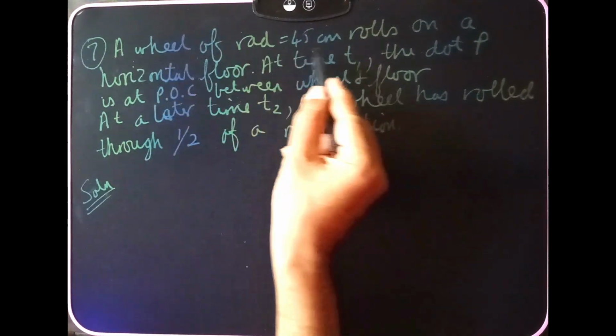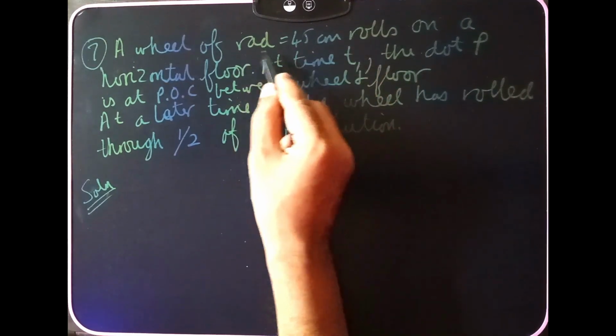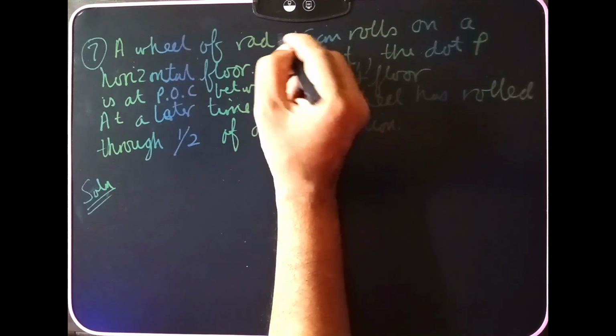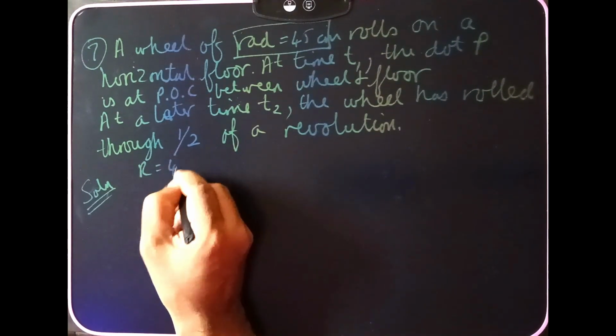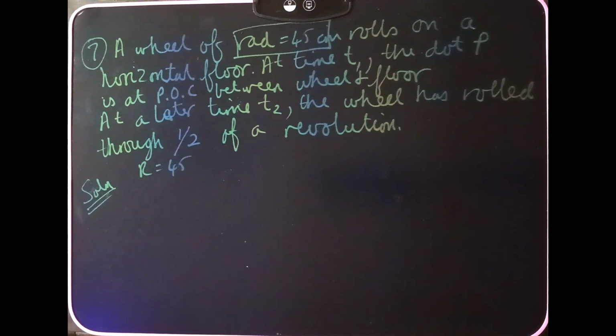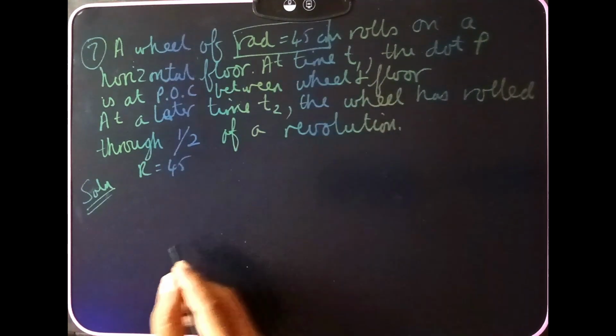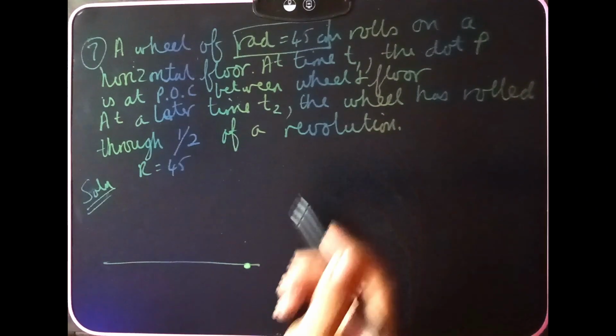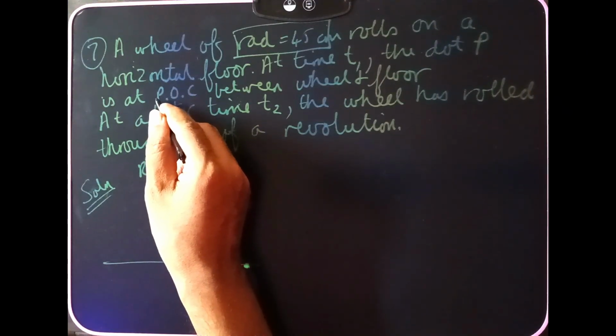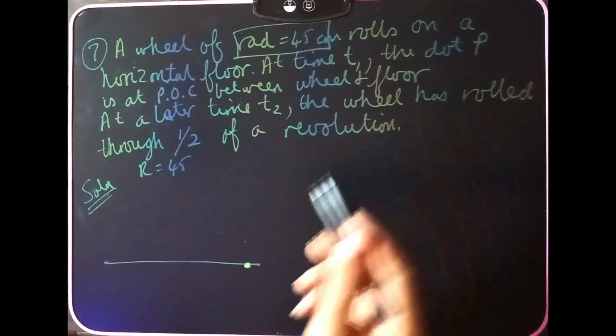Okay, let us see this. A wheel of radius R, this radius is 45. It rolls on a horizontal floor. This is the horizontal floor. At time t, the dot P is the point of contact between the floor and the wheel.